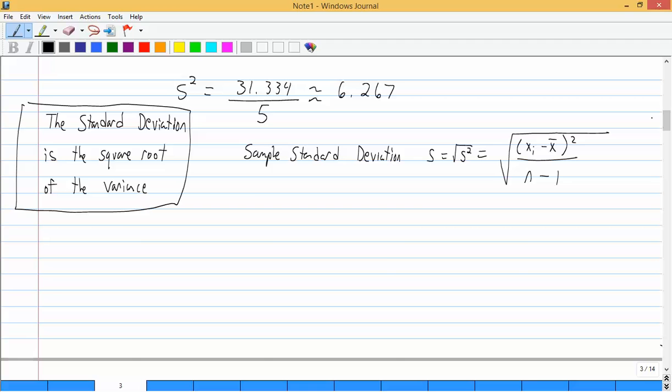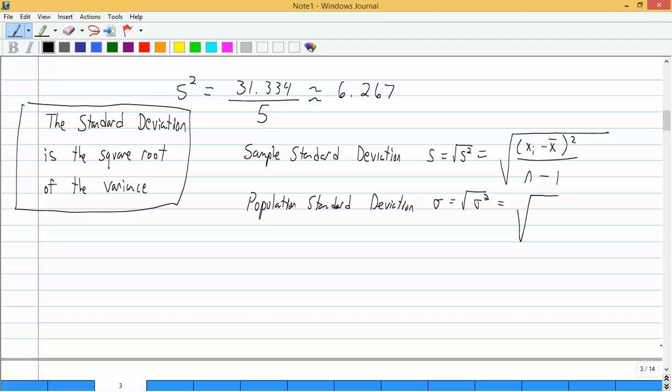Alright, same for the population standard deviation. Population standard deviation is just a lowercase sigma, and it's equal to the square root of the population variance.